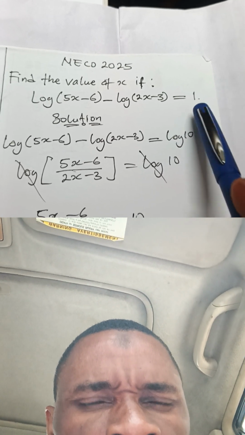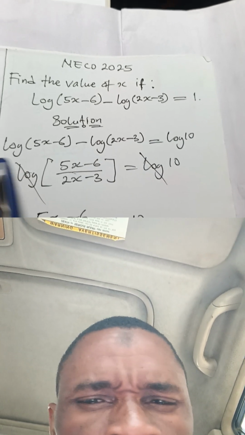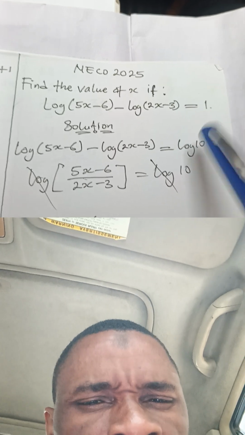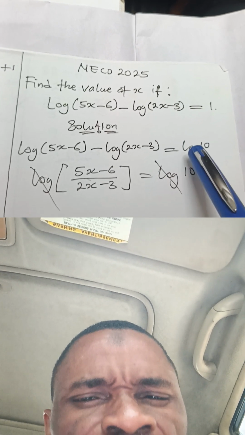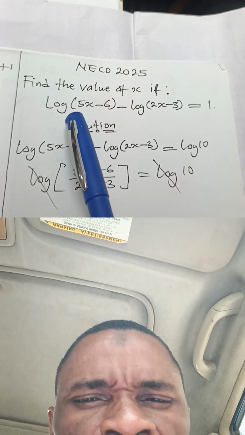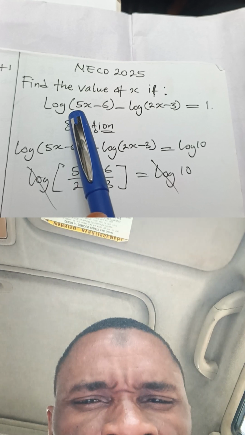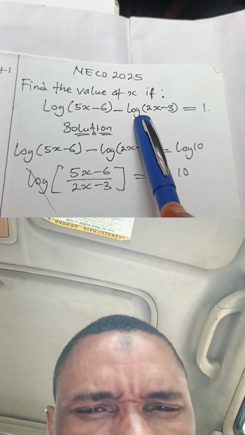Now, the next thing is the equation is equal to what? 1. You will need to convert that 1 to log so that everything will be in logarithm. So 1 is log 10. Let me tell you the reason why. Let us assume the question had base 5, say log base 5 of (5x - 6).